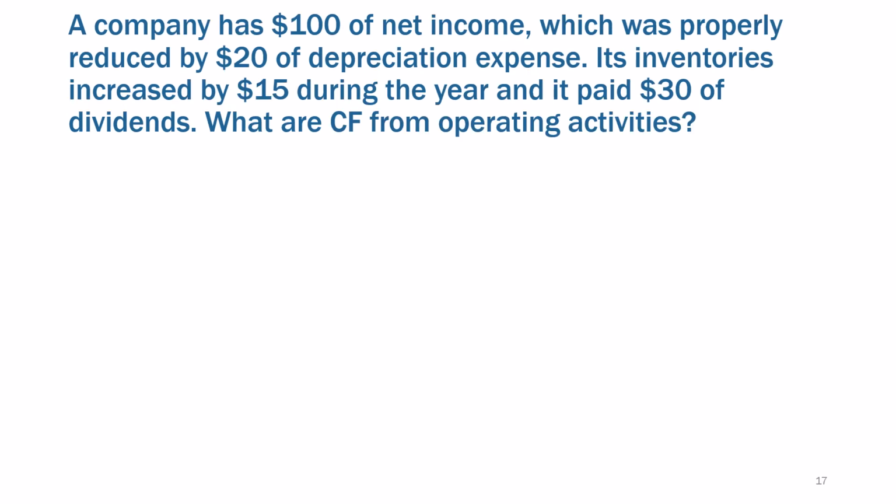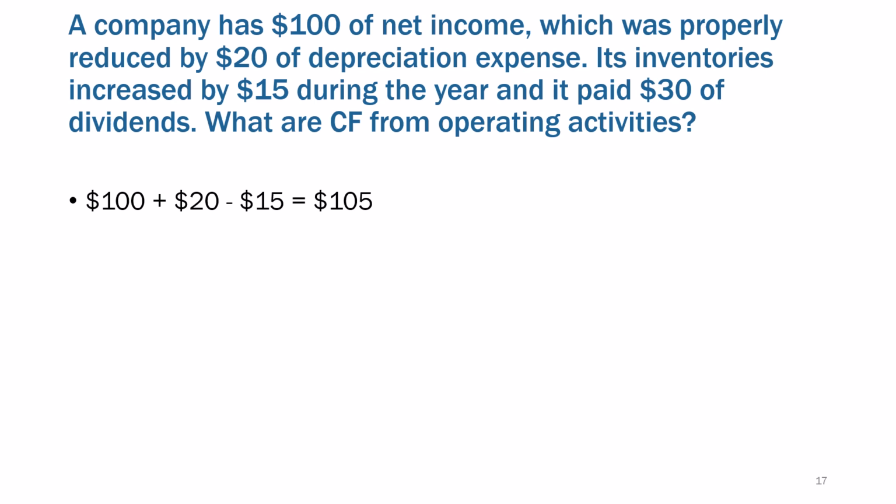A company has $100 of net income, which was properly reduced by $80 of depreciation expense. So it means it would have had more net income if it didn't have depreciation. Its inventory is increased by $15 during the year, and it paid $30 of dividends. What are cash flows from operating activities? Well, the $100 of net income is the starting point in that section. We then add back depreciation because it's a non-cash expense.